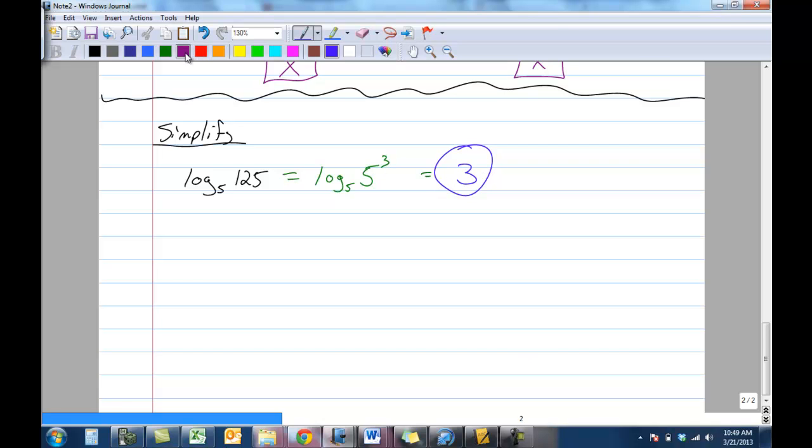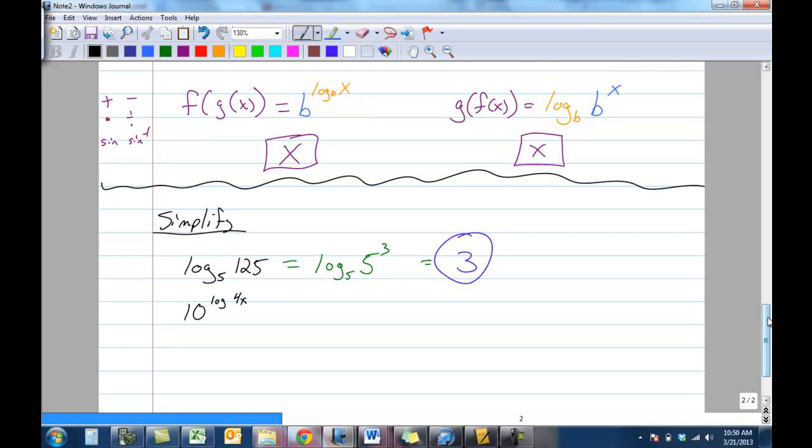All right, let's try another one. How about 10 raised to the log of 4x power? All right. So, is this like number 1 or is this like number 2 up here? I would argue it's number 1 here, right? Because we have a log in the exponent. The only thing is, this was base b, and we raised to the log base b.